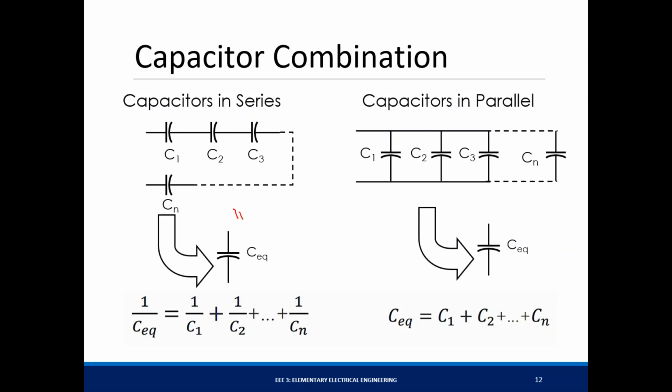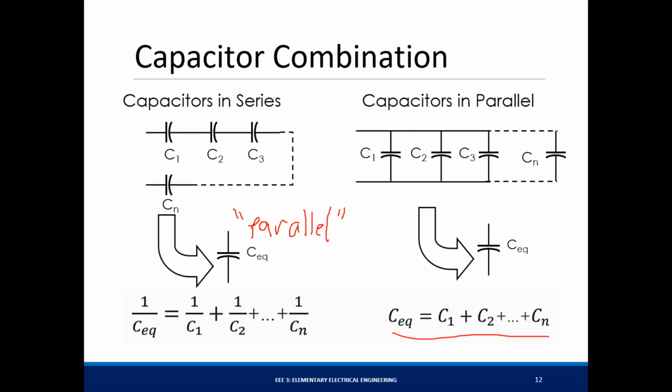So it's kind of weird if you think about it, but capacitors in series act like they are parallel circuits. For capacitors in parallel, the easy one, you just add them. So that's how your capacitor and your inductor are duals of each other, because they are the opposite of each other if you think about it.